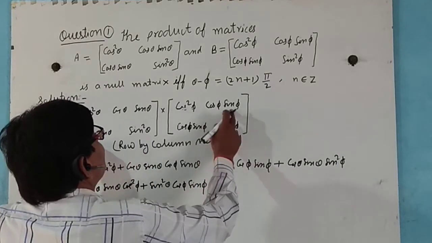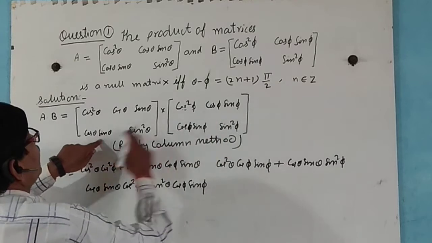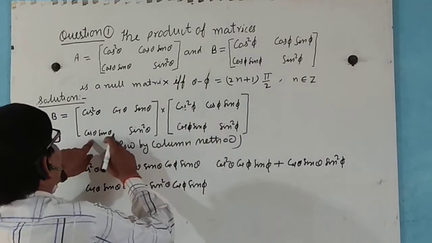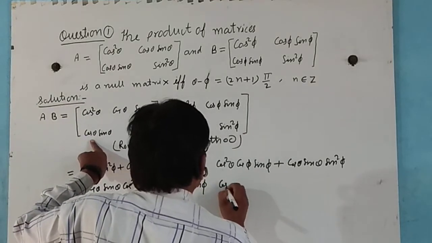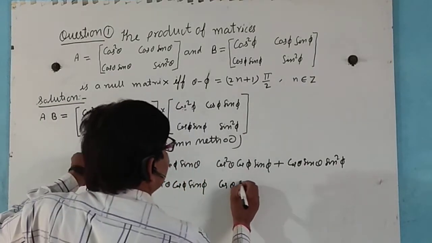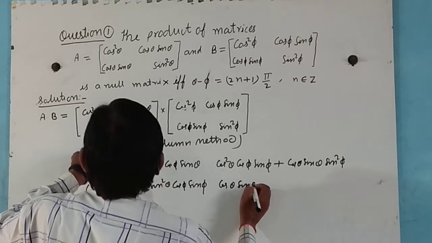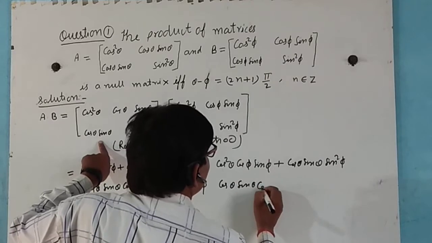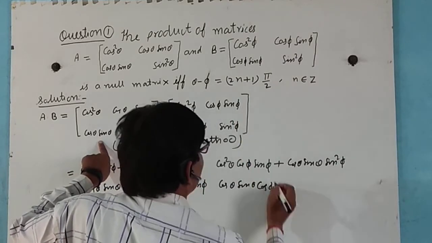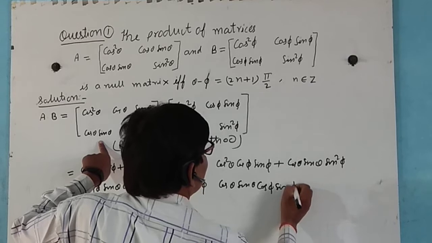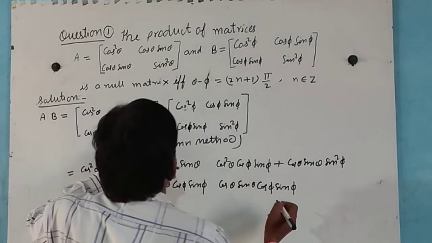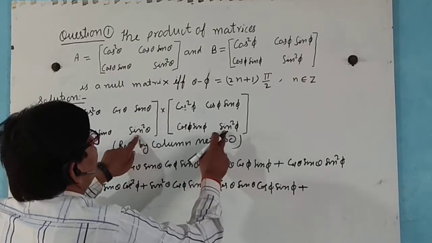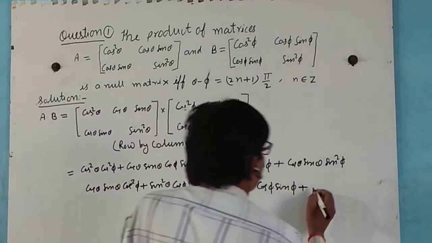And the row by column method, the product of this and this is cos theta sin theta into cos phi sin phi plus sin square theta sin square phi.